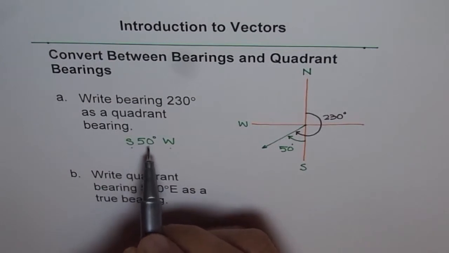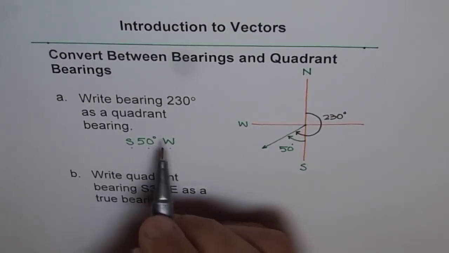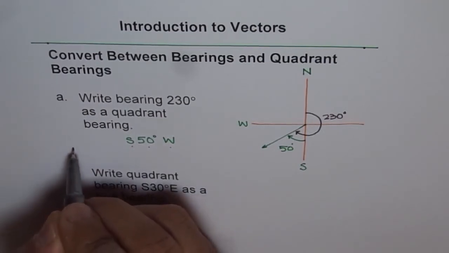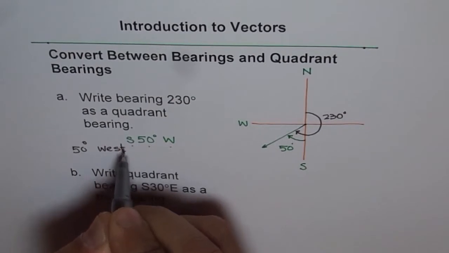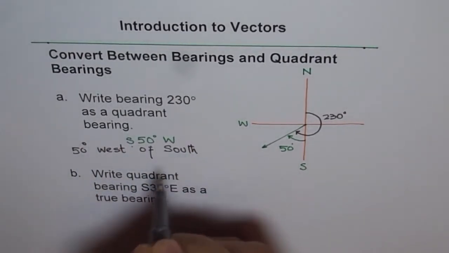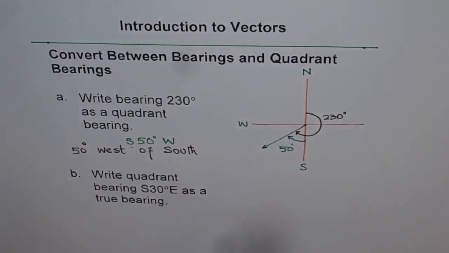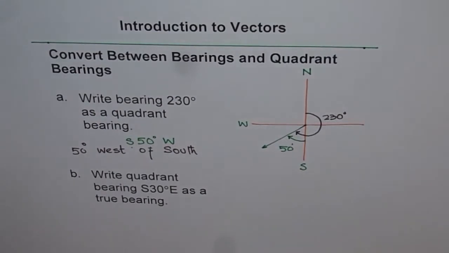So it is 50 degrees west of south. That is how we read it. It is 50 degrees west of south. So that's the way to read it, right? 50 degrees west of south. I hope you understand that perfectly, right?